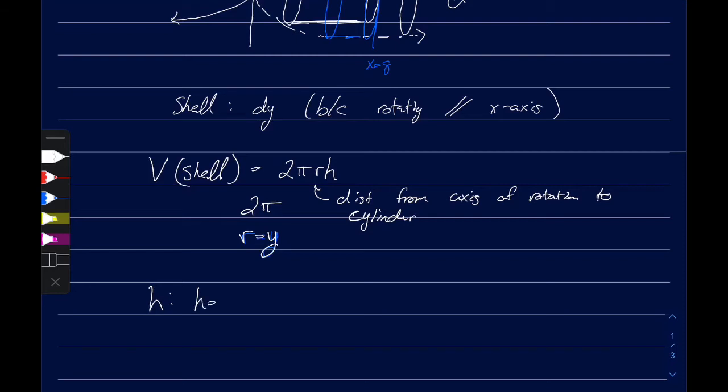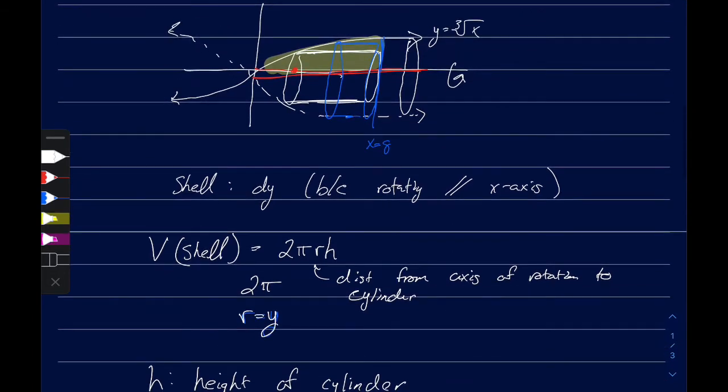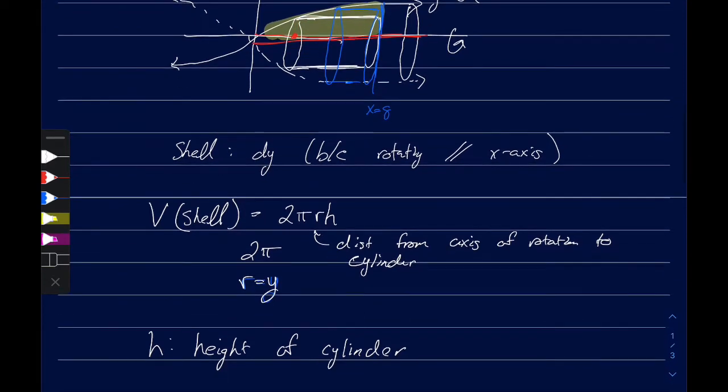So now what's h? H is the height of the cylinder. And the height of the cylinder is going to be the distance between the two ends, right? So it's going to be our rightmost function minus the left function, because it goes from this 8 here to this cube root of x.